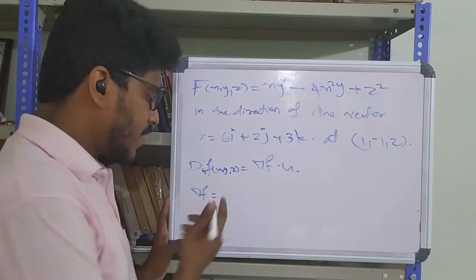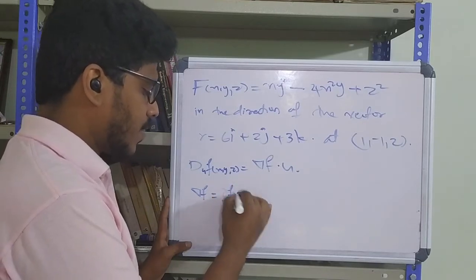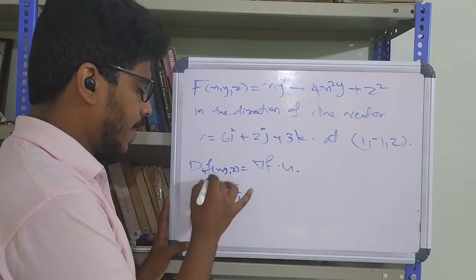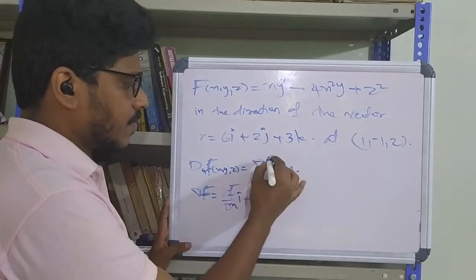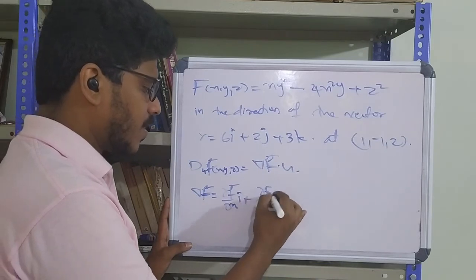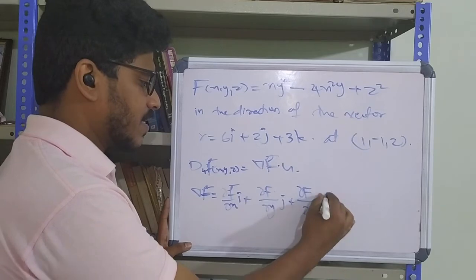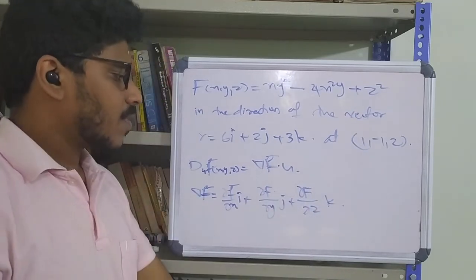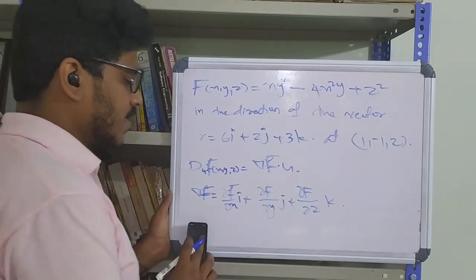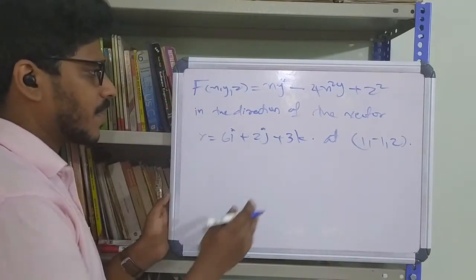How did we define the gradient? It is dou f by dou x i plus dou f by dou y j plus dou f by dou z k. So now let's partially differentiate these things. Let me clear this off since we have a shortage of space.